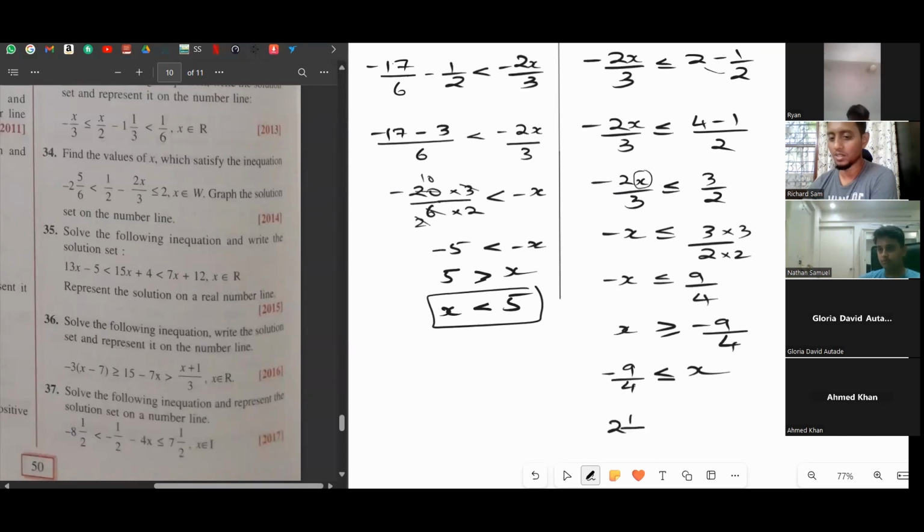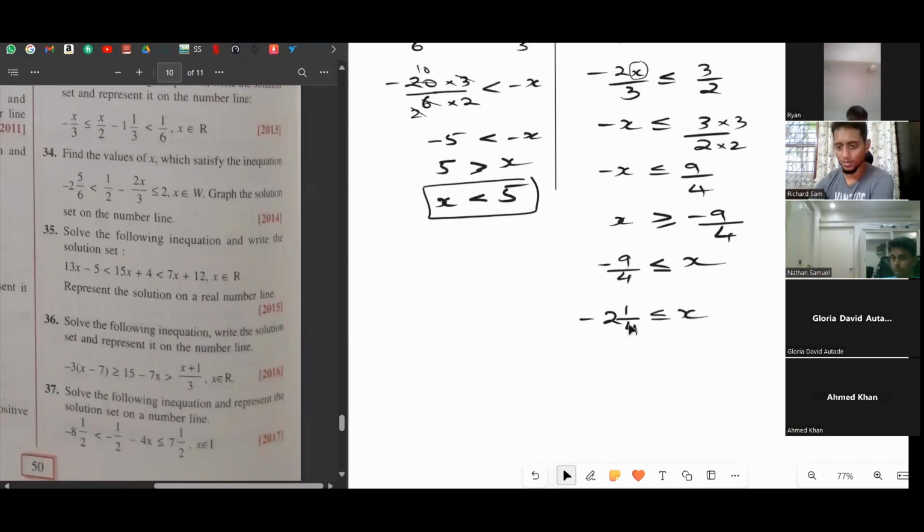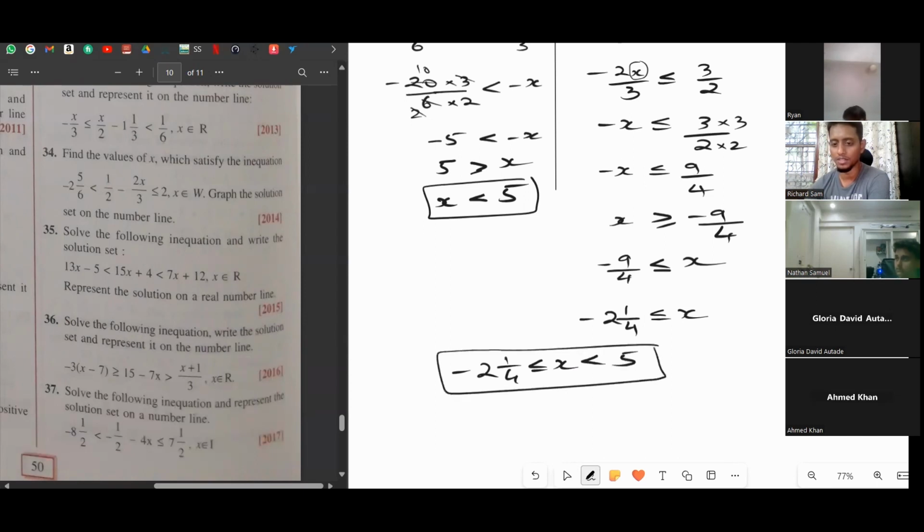Carry 1 upon 4 and then minus. Now put them together. So first we'll write this. That's minus 2 1 upon 4 less than equal to x. And then this one, because that's coming on the right side of x, that is less than 5. This is your final answer.